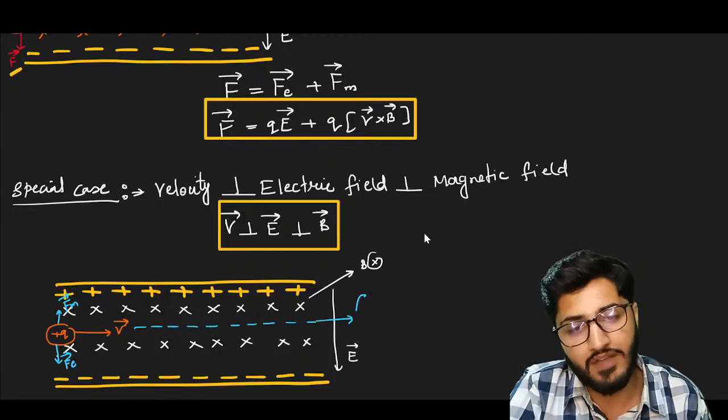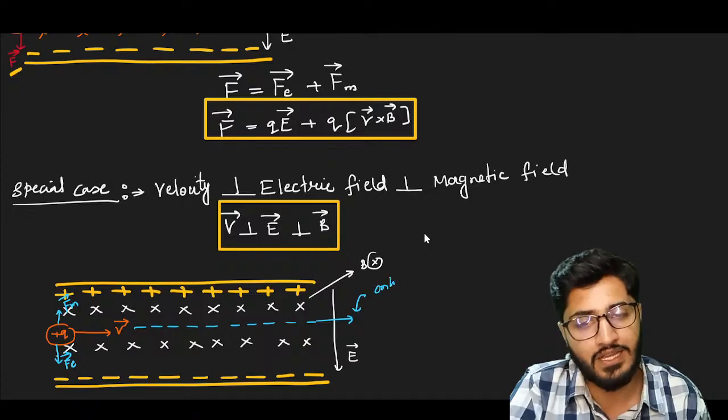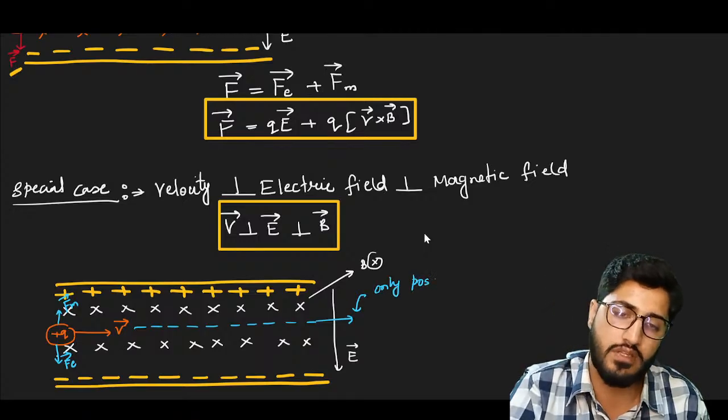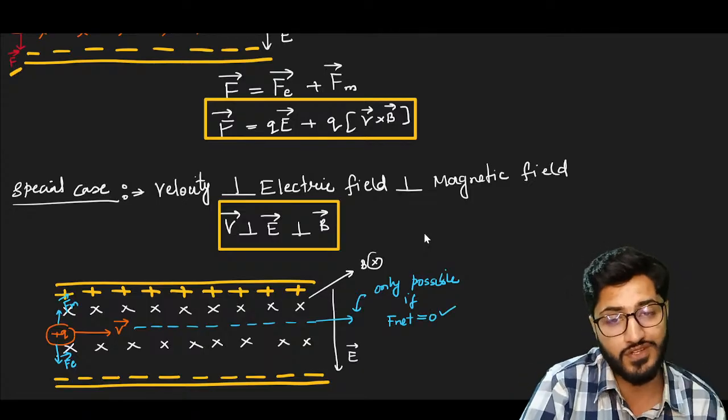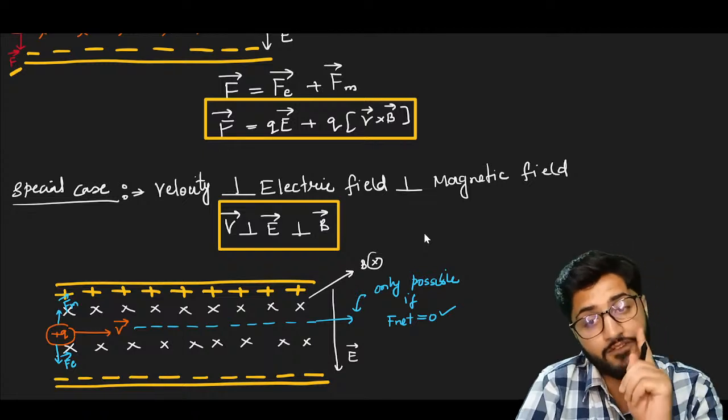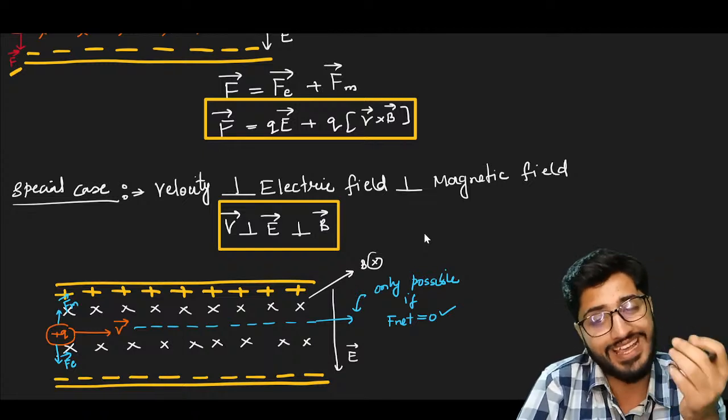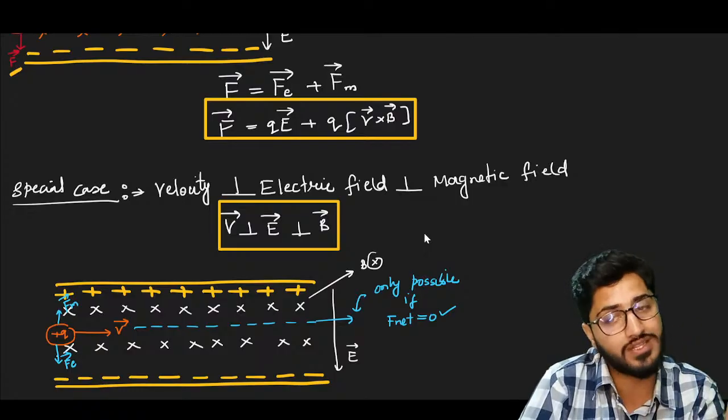I guess this path is only possible if the net force on this particle is zero. Yes, sir. If the net force acting on the particle is zero, I can guarantee you the particle will go along the straight line.